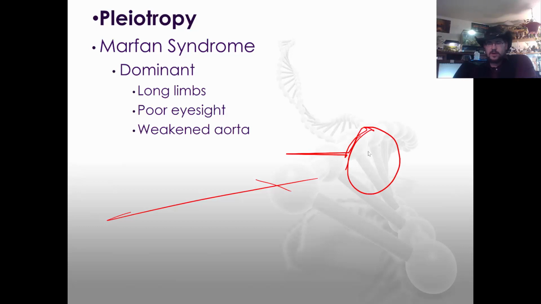If you have your heart here, there's the left and the right side, right? The aorta is this big blood vessel that first comes off when sending blood to the rest of the body. It has to be really tough because it experiences the greatest pressures in the body. So if you have Marfan syndrome, you have a weakened aorta, which can suck. And my favorite symptom or trait, other.